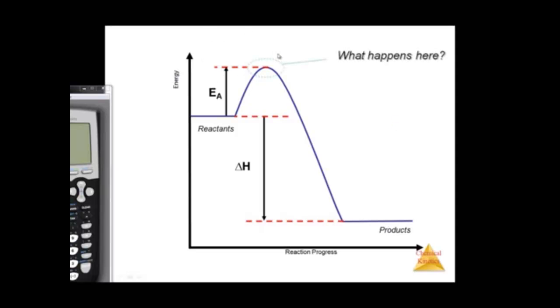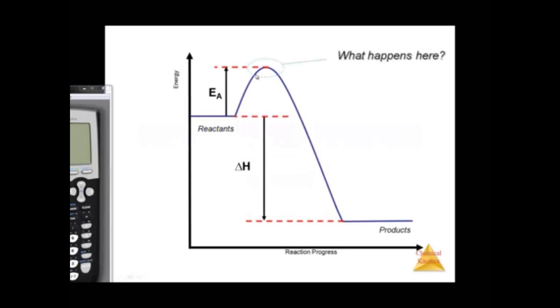So what happens here is that point in between where we have reactants and products, where the reactants have collided together, come together, and start the rearranging process before the products come out. Okay, and we call that the activated complex. Okay, so this is where the activated complex is, and we call this also sometimes the transition state.